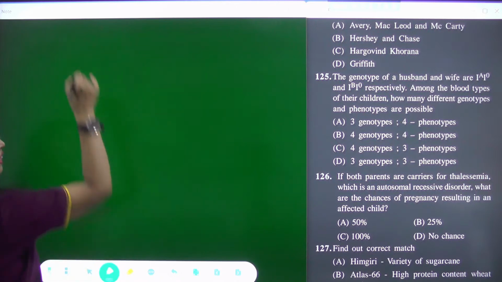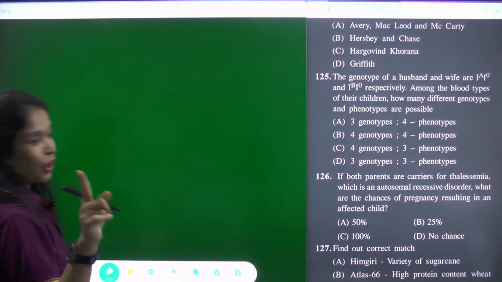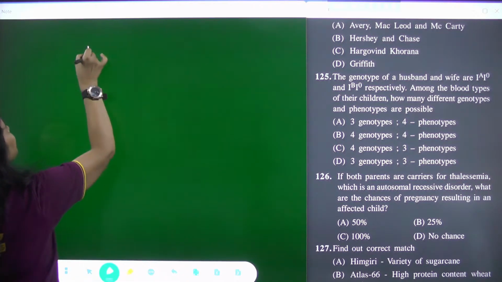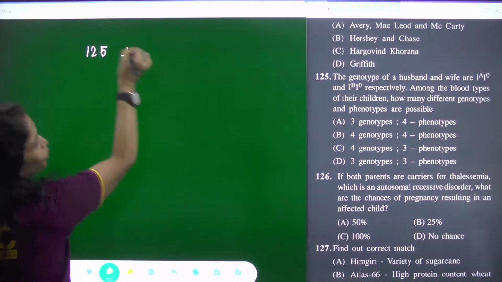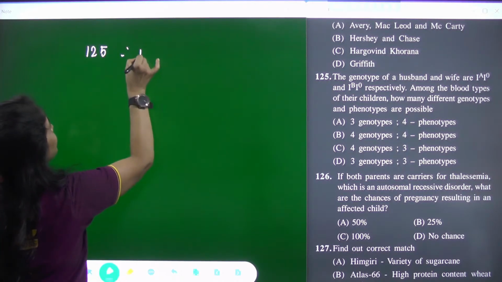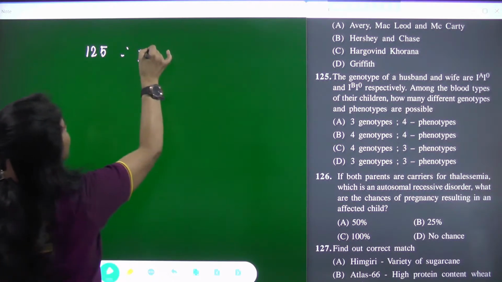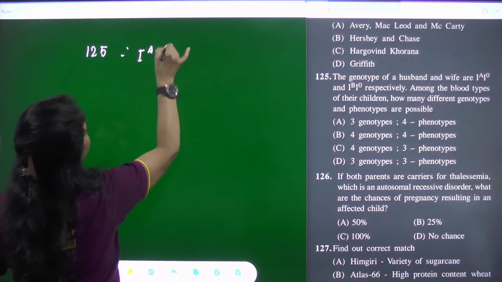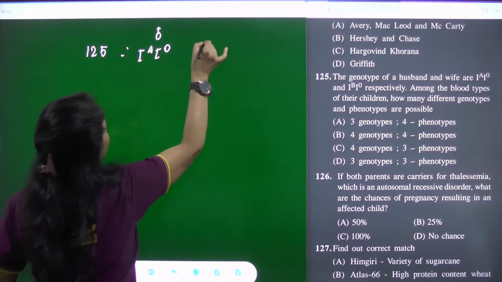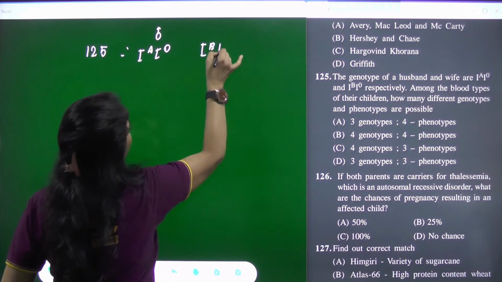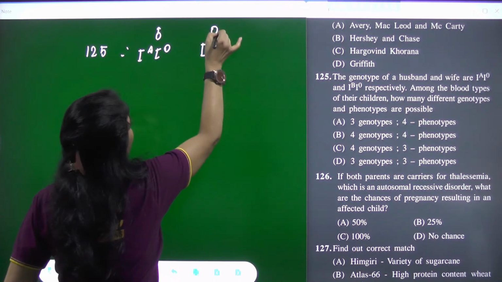I was supposed to erase it. Okay, no problem. I will do it again. It's a new board now. Instead of cleaning, I have erased it. Okay. This is the genotype of male, right? This is the genotype of female.